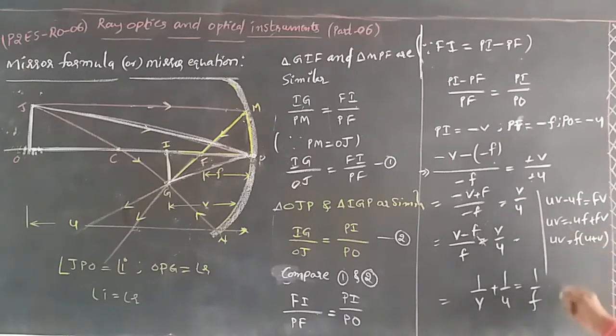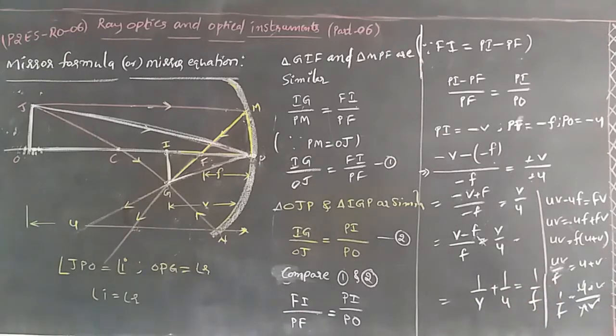Taking f common, f is equal to uv by (u plus v), or otherwise uv by f is equal to u plus v. From that calculation, 1 by f is equal to (u plus v) by uv. Individually, if we write uv, it gets cancelled, and we get 1 by v plus 1 by u is equal to 1 by f.